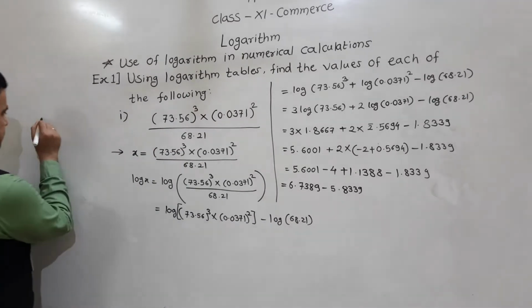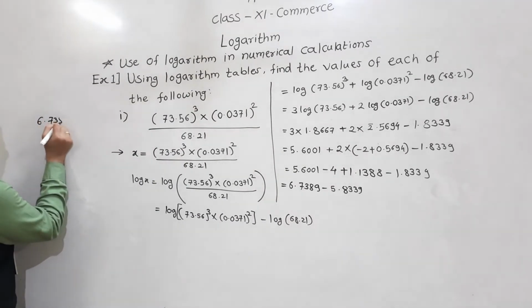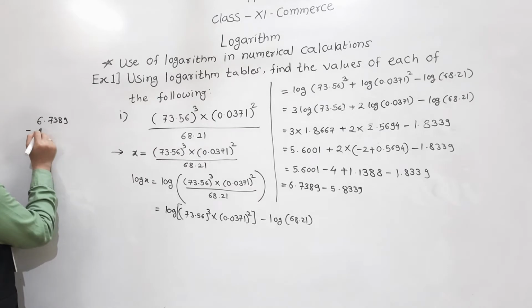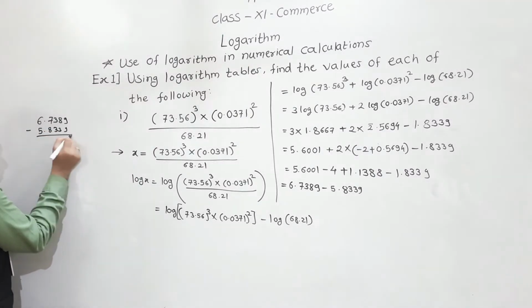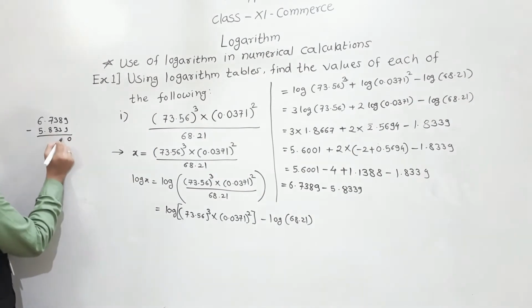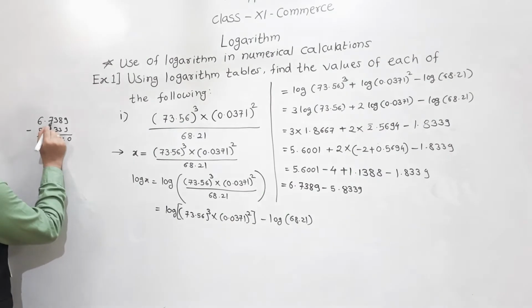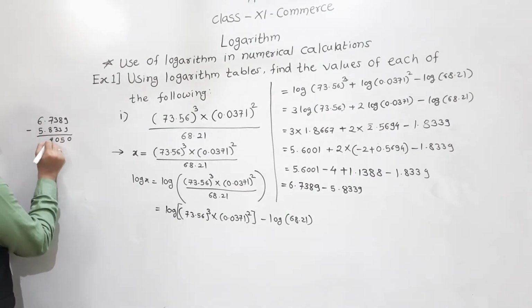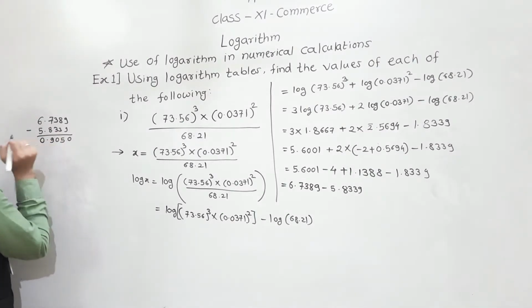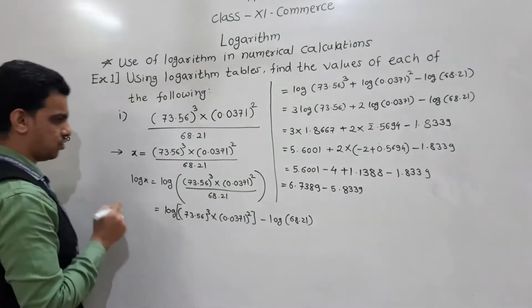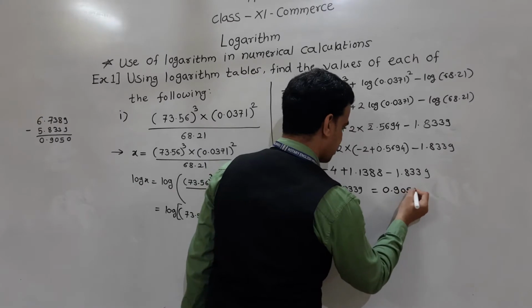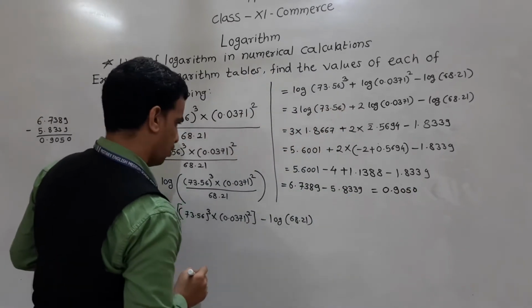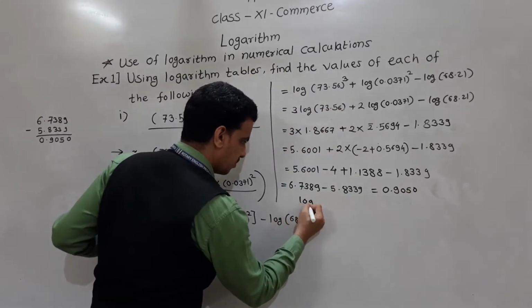So 6.7389 minus 5.8339. So 9 minus 9 is 0, 8 minus 3 is 5, 3 minus 3 is 0, 17 minus 8 is 9. So it is 0.9050.